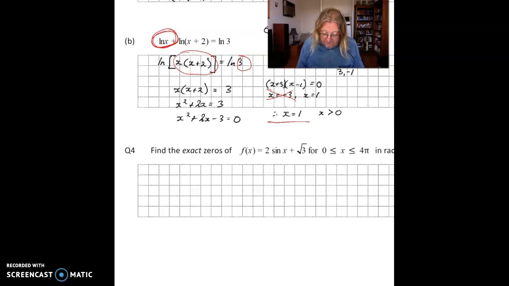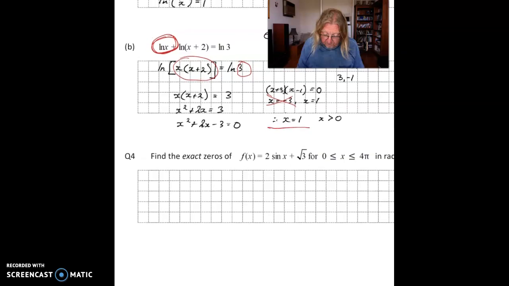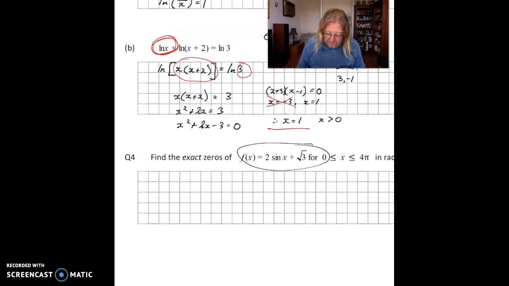So what we have to do is rearrange this equation here. We want to solve 2 sine 2x plus root 3 equals 0 because we're after the zeros. So therefore, it's not sine 2x, is it? Hang on.